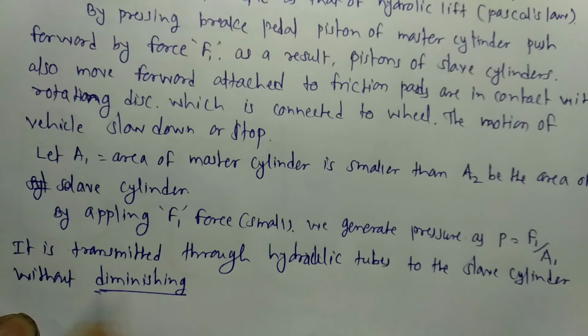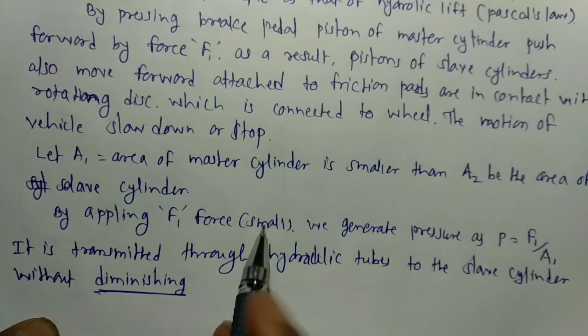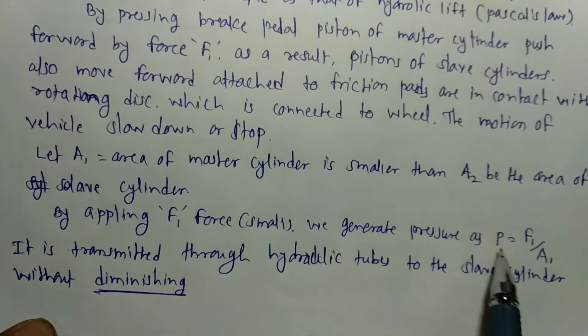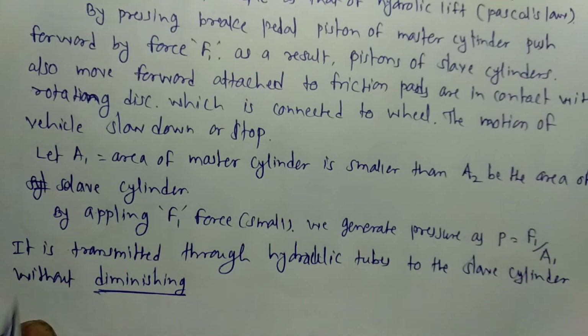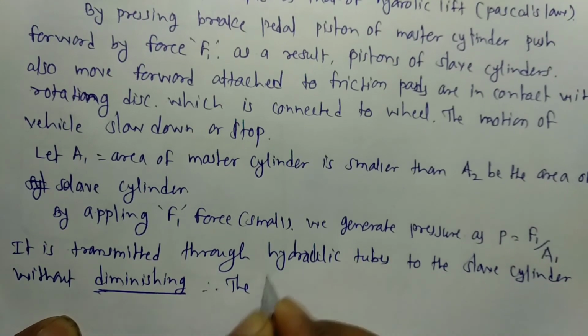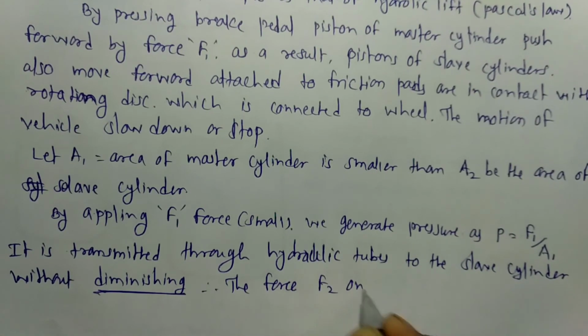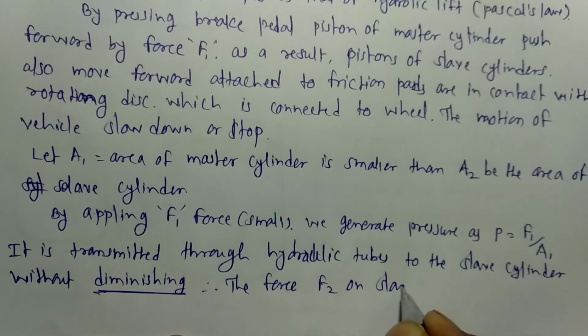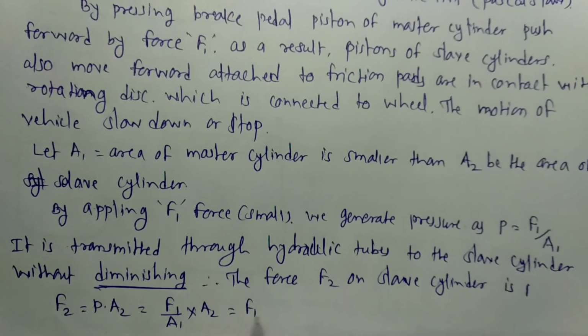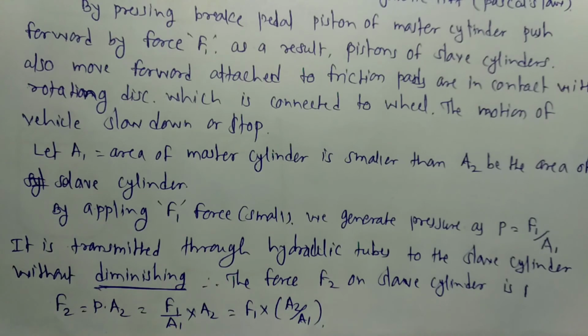What is diminishing? Diminishing is nothing but decreasing. Without decreasing, the pressure P equal to F1 divided by A1 is transmitted through the hydraulic tube and reaches the slave cylinder without diminishing, and therefore generates force F2 on the slave cylinder of area A2, which equals F1 times A2 divided by A1.